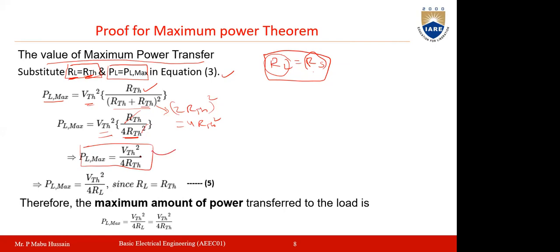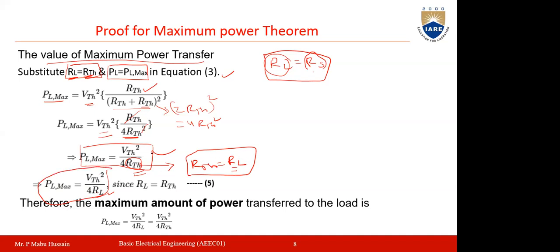Okay. So if you want to calculate the maximum power delivered to the load, you have to use this equation. PL max is equal to V Thevenin square by 4 RL also, you can write. Why? Because according to the maximum power transfer theorem, this R Thevenin is the same as RS and RL. So both are the same. If in a problem they give the load resistance, you can use this equation: PL max is equal to V Thevenin square by 4 RL.